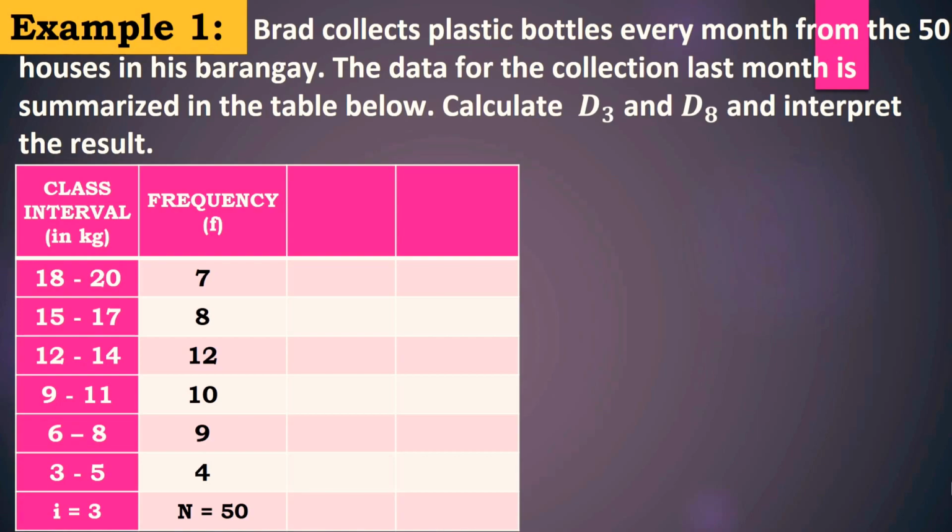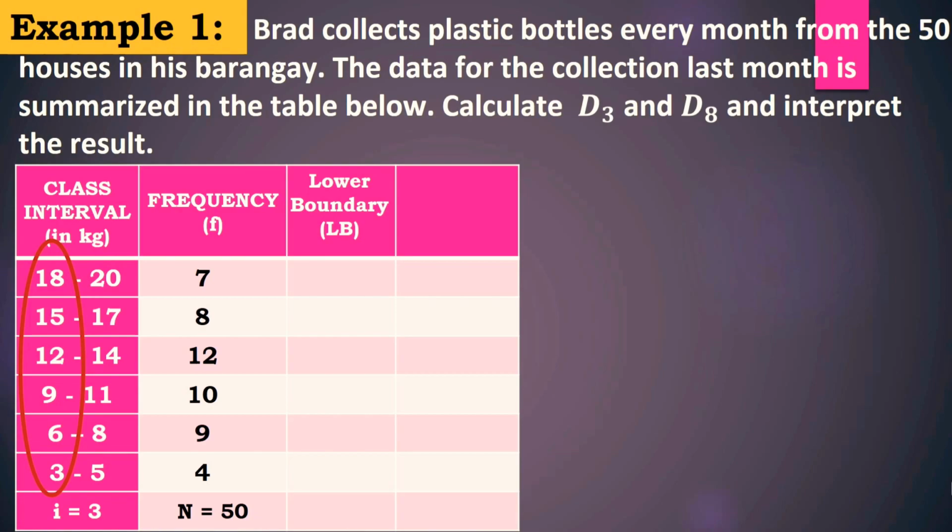cumulative frequency. So take note also that our class interval is in kilograms because it is the weight of the plastic bottles. So to complete the table, let's start with the lower boundary by looking at the lower limit and subtracting 0.5 from each of the lower limits.